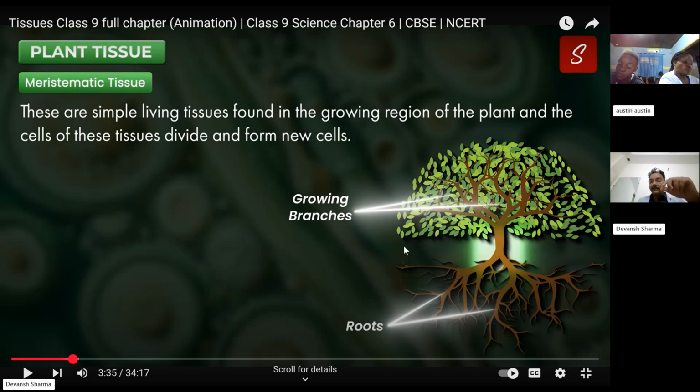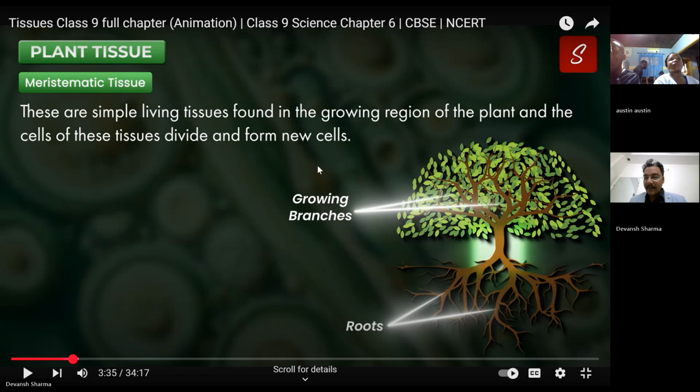These cells of meristematic tissue keep on dividing and forming new cells 24 hours. This is an exception in plants. Understand very carefully. Meristematic tissue keeps on dividing and forming new cells 24 hours.